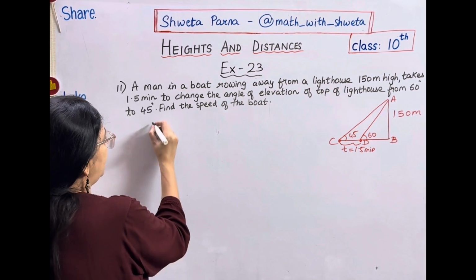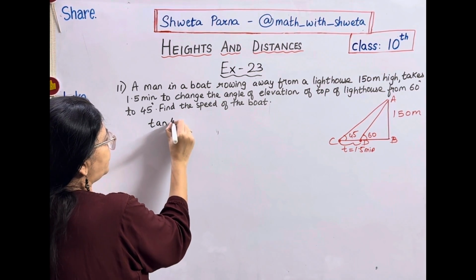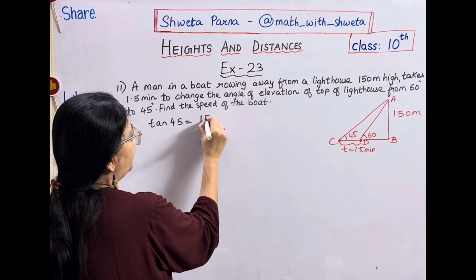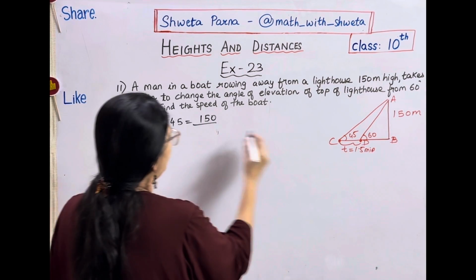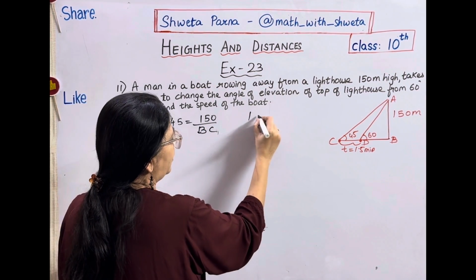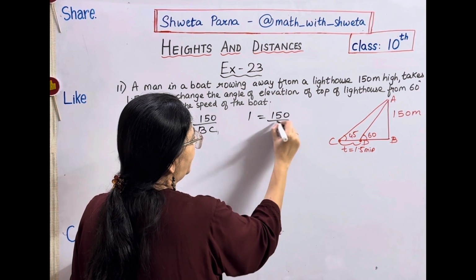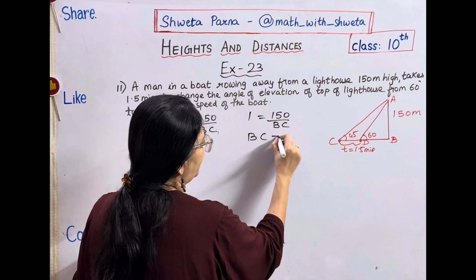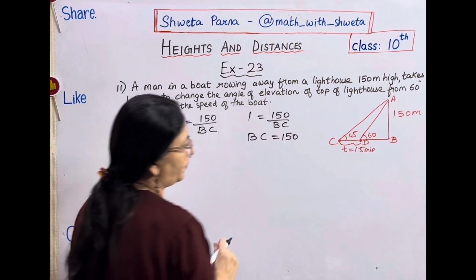So let's start. Tan 45 is 150 upon, say, BC. Tan 45 is 1. 1 is equal to 150 upon BC. So the value for BC or CB is 150 meters.